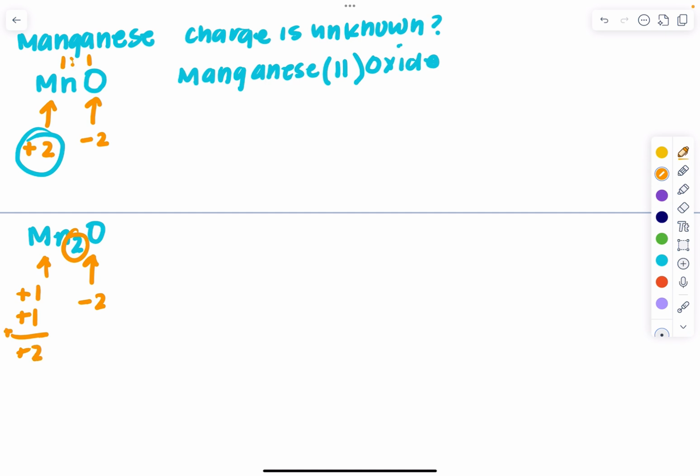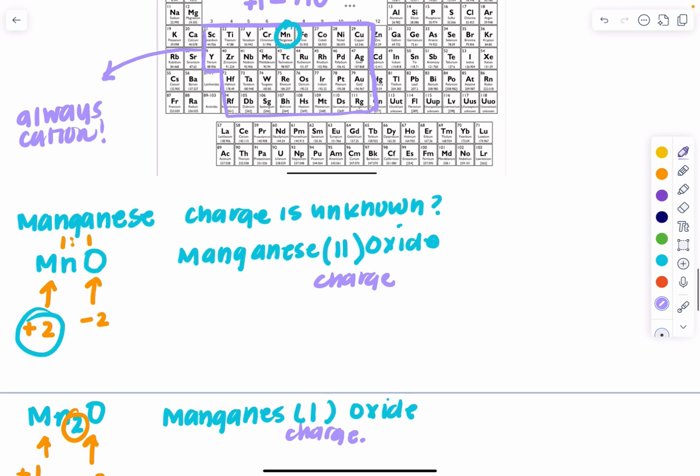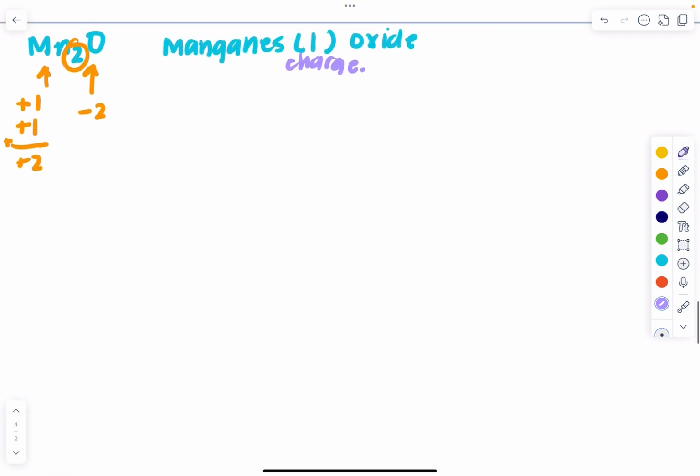Okay, so now we can write manganese(I) oxide. And again, these parentheses just tell us what the charge is. Cool?